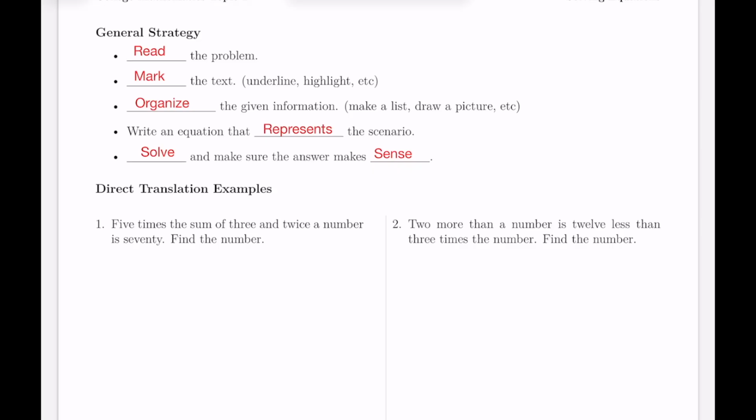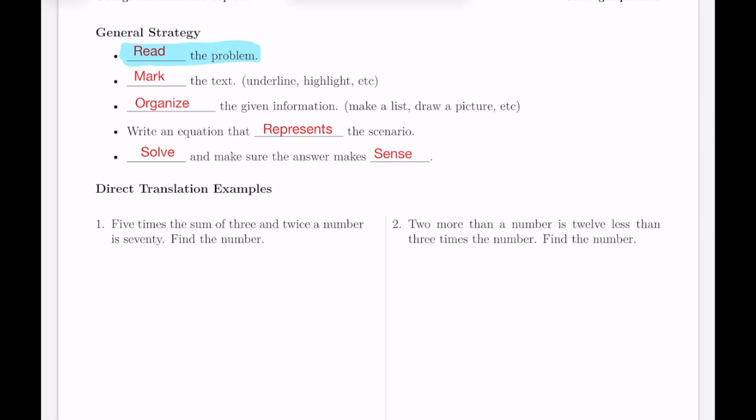I do want to take a minute and go back and re-emphasize this first one, though. Read the whole problem. The reason I say that is because whenever people don't really understand what the question is asking, they get so excited to go through and start marking up the problem that they don't actually read what the question is asking.